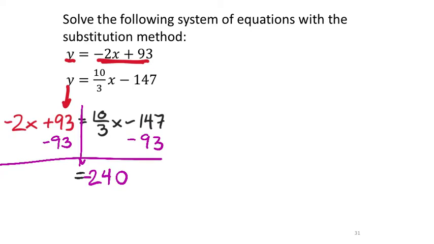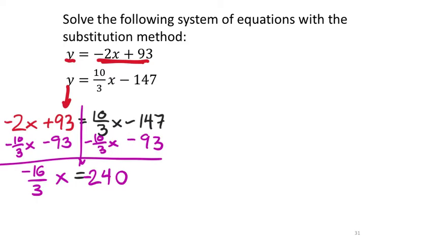And then the 10/3 x, we're going to zero that out as well by subtracting 10/3 x. So negative 2 minus 10/3 x, and that's going to be negative 16/3.